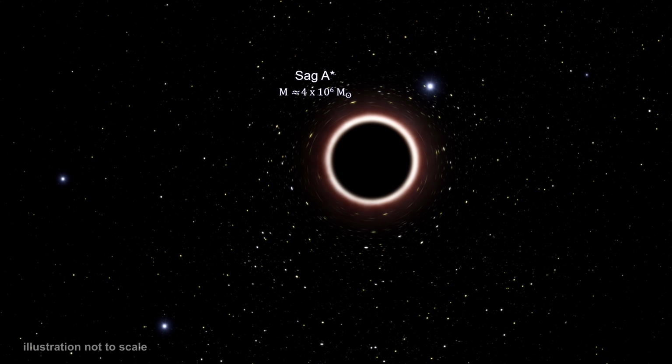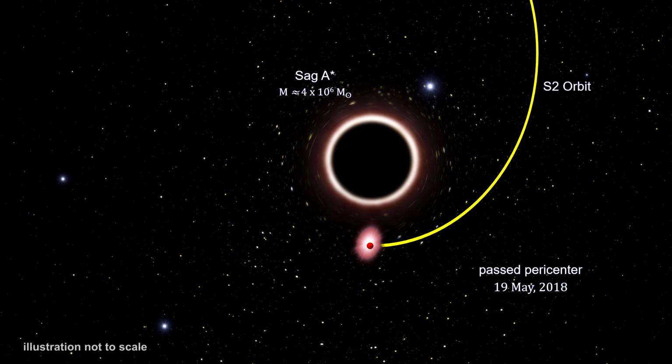At the start of 2018, it was accelerating towards Sag A star, reaching relativistic speeds. On May 19th, it reached the closest approach, Pericenter. At that point, it was traveling at 7,650 kilometers per second, or 4,753 miles per second. That's almost 3% of the speed of light.